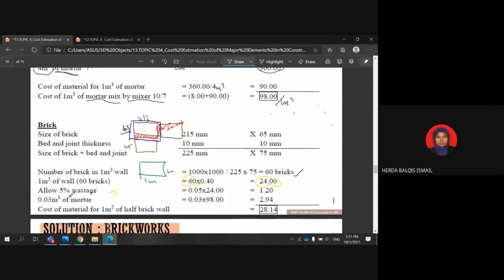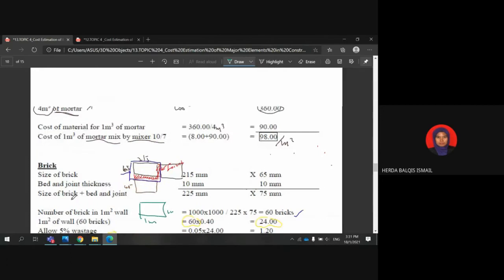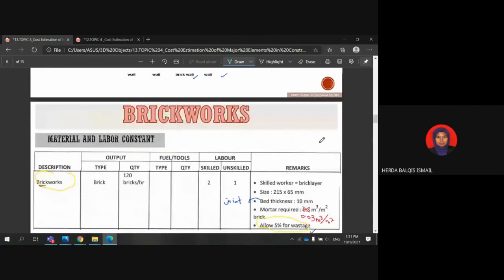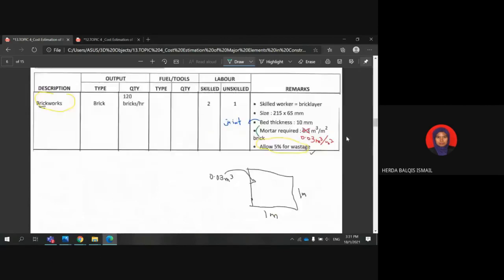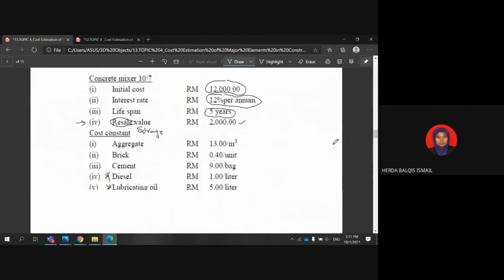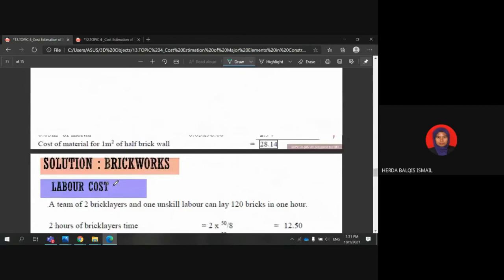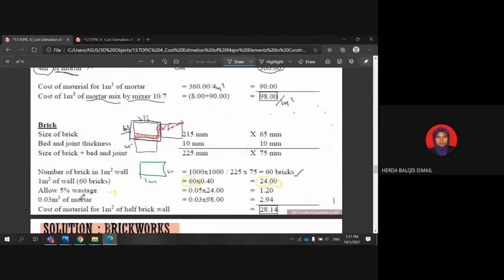Knowing the constant is 0.03 cubic meter per 1 square meter as stated in the remark column, so we calculate 0.03 cubic meter of mortar per square meter of brick wall.